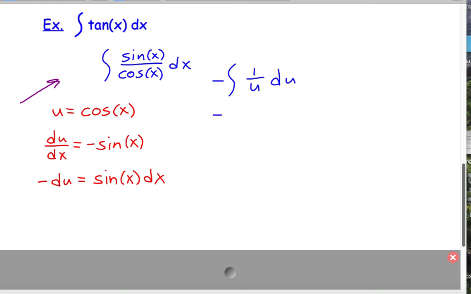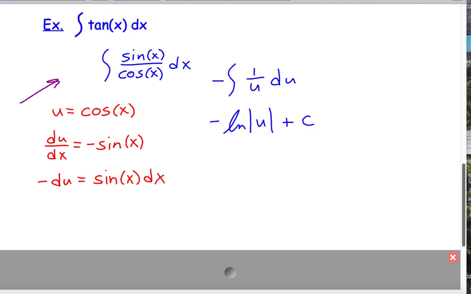So you might want to write that as u to the negative first and see what happens there, and try and do a reverse power rule. But then you're going to realize that that's not going to work, and the antiderivative of 1 over u is the natural log, the absolute value of u, plus any constant.